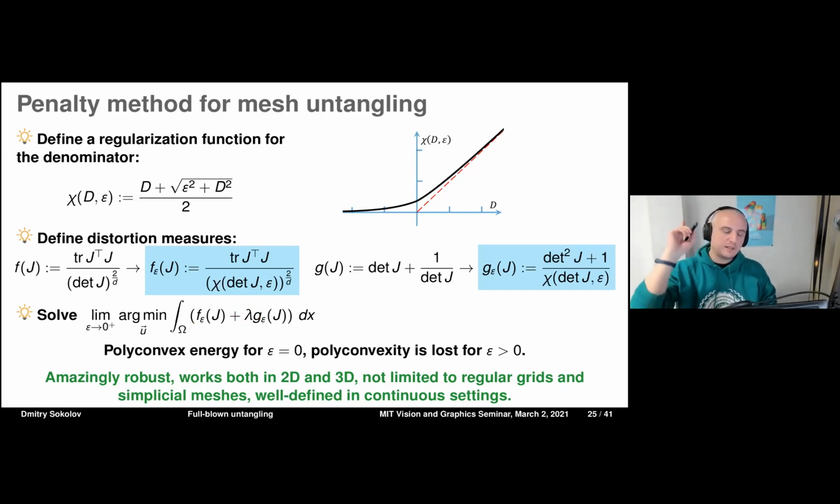Note here that this energy is polyconvex for epsilon equal to 0, and the polyconvexity is lost for epsilon superior to 0. But nevertheless, this method is amazingly robust. It works well both in 2D and 3D and is not limited to regular grids and simplicial meshes, because it's well defined even in continuous settings.